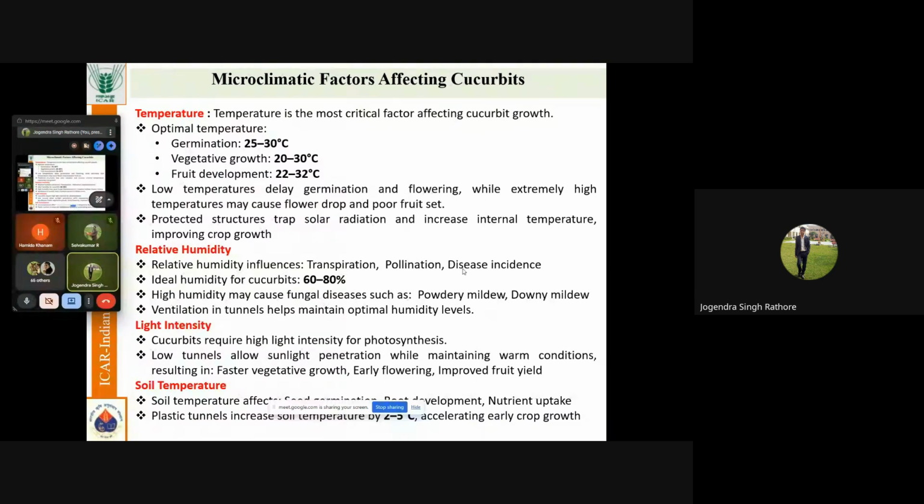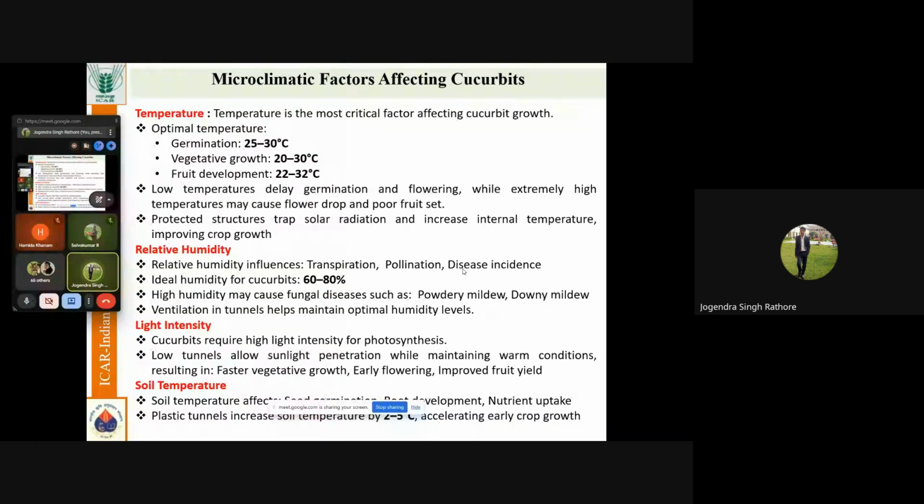And relative humidity, obviously, influences transpiration, pollination rate, and disease incidence rate. The ideal humidity for cucurbit growth is 60 to 80, but higher humidity may cause powdery and downy mildew in the cucurbit crop. Why is relative humidity important?